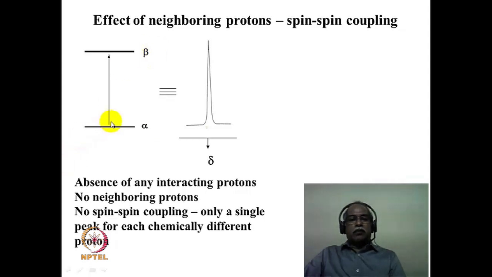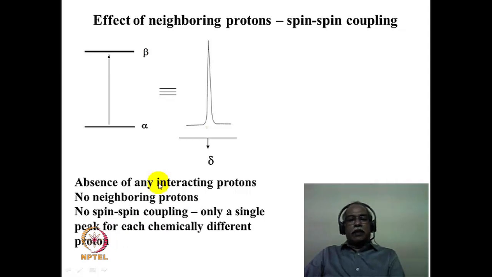So therefore, when a radio frequency of an appropriate frequency is applied, when the resonance condition is met, there will be an absorption, and that absorption is shown in the form of a signal in the NMR spectrum. So what you see is just one sharp peak for the hydrogen that is present in the molecule. In the absence of any other interacting protons, there are no neighboring protons, so there is no coupling of any kind. Only a single peak for chemically equivalent hydrogens will be seen.